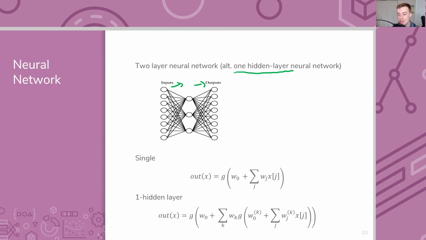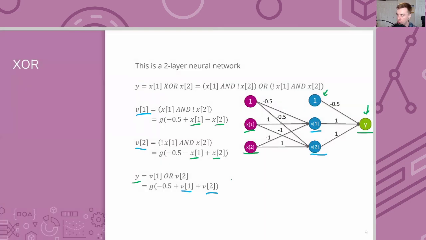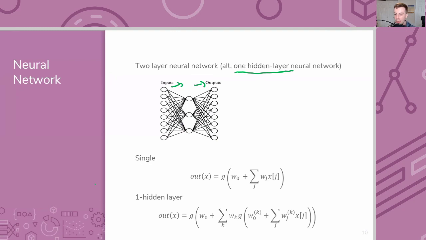And this math is just showing you a general version of the specific network I showed you here. You take the weighted sum of the inputs and then feed that to our activation function. The activation function here I call G. That becomes the output for a single neuron.